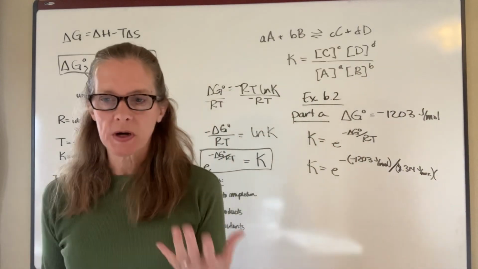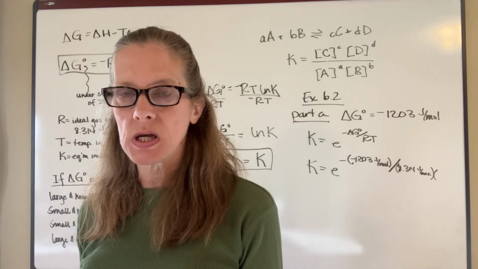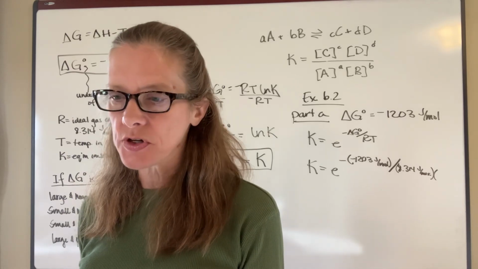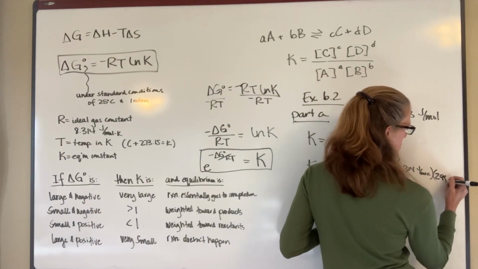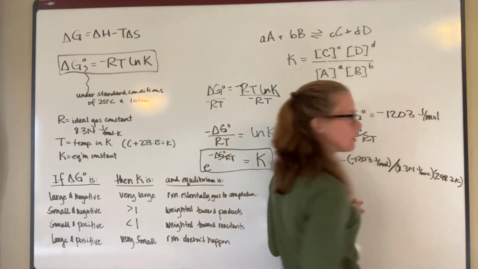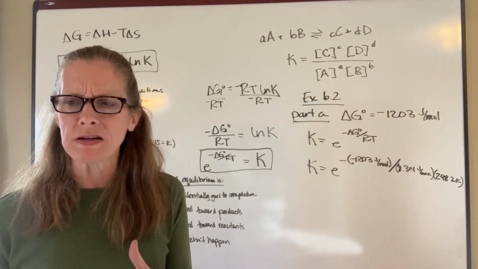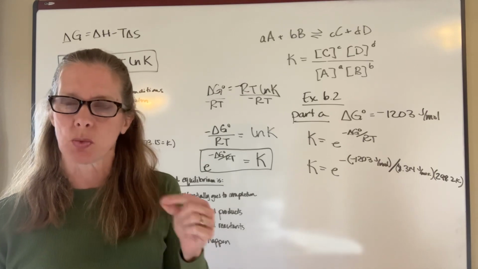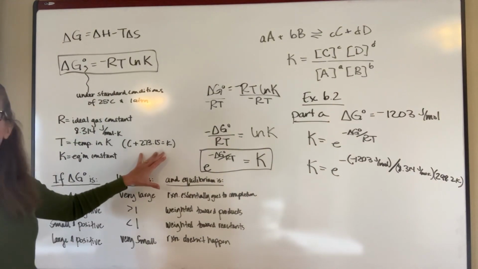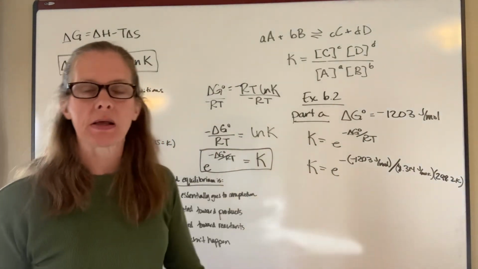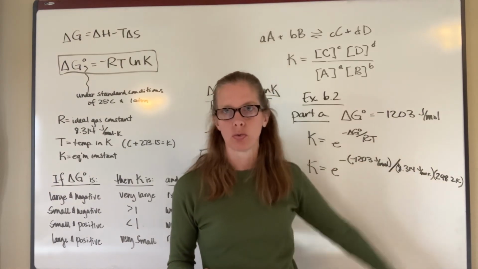The temperature was 25 degrees Celsius, but if I add that to 273 to end up with a Kelvin temperature, that's going to give me 298.2. Notice that I am keeping track of significant figures here. Because they told me that the temperature was 25.0 degrees Celsius, when I add 273.15 to it, my last significant figure is going to be in the tenths place, so therefore I have 298.2 Kelvin.